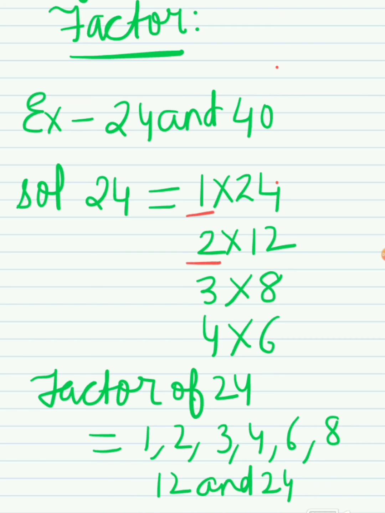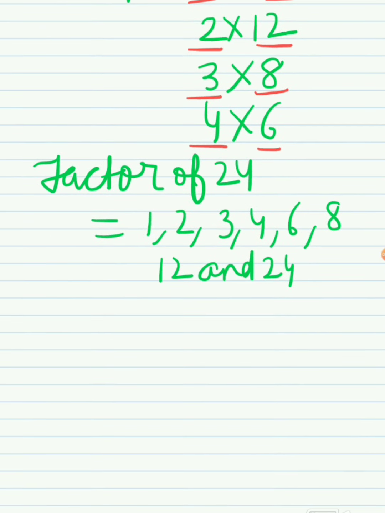1, 2, 3, 4. After that you can follow the sequence. 6, 5 is not, then 6, 7 is not a factor of 24, 8, 12, 24. So we have written the factors of 24. Now we have to find the factors of 40. You can write them directly also. This is just rough work I am doing for you: 1 into 40.